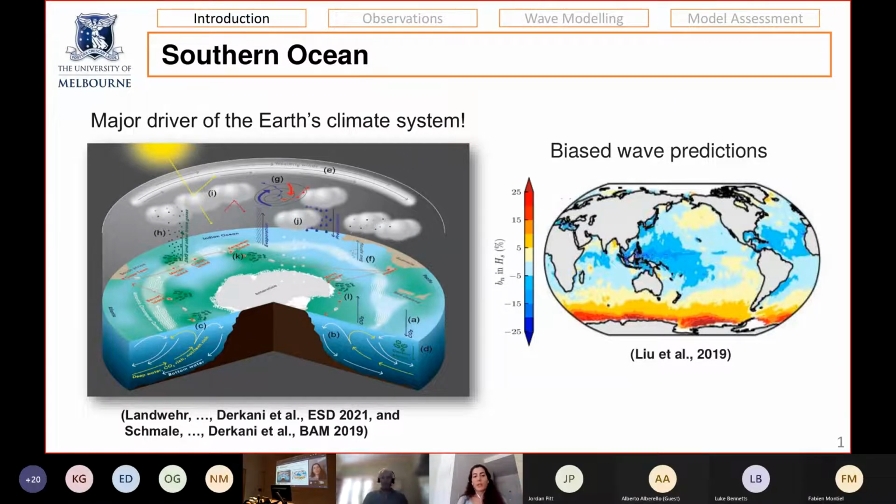Well, this region is dominated by strong westerly winds that fuel the Antarctic Circumpolar Current. On top of that, they give rise to some of the fiercest waves on the planet.